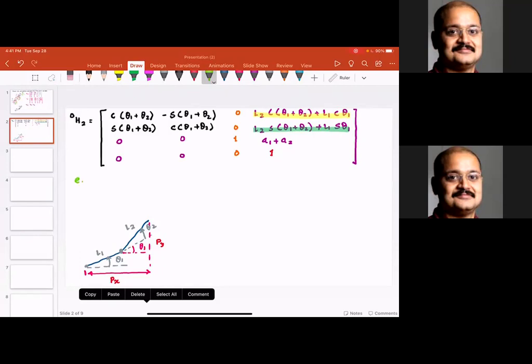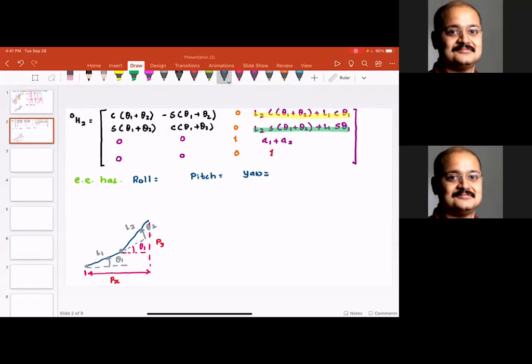The end effector has, depending upon how you measure, some roll, some pitch, and some yaw.